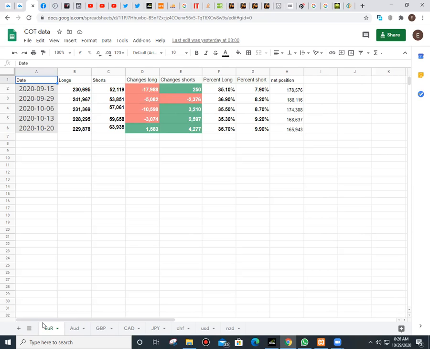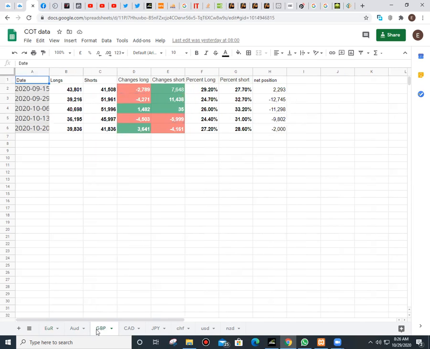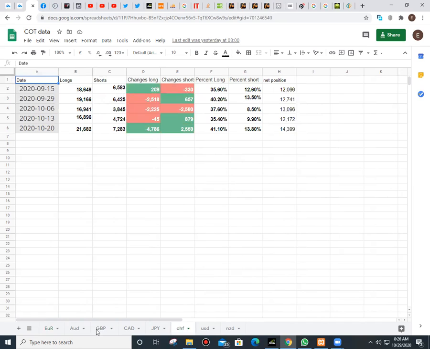All pairs which are here, Euro USD, they don't show USD. Aussie USD. GBP USD. CAD USD. JPY USD. CHF USD. That's the USD currency here. The DXY.